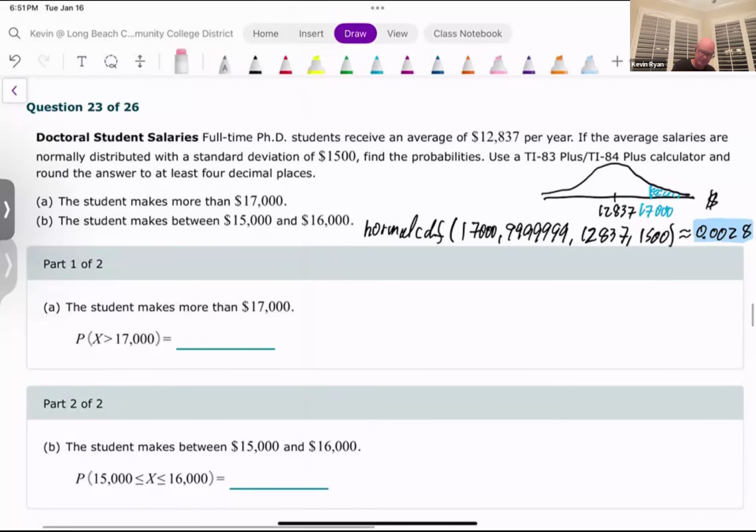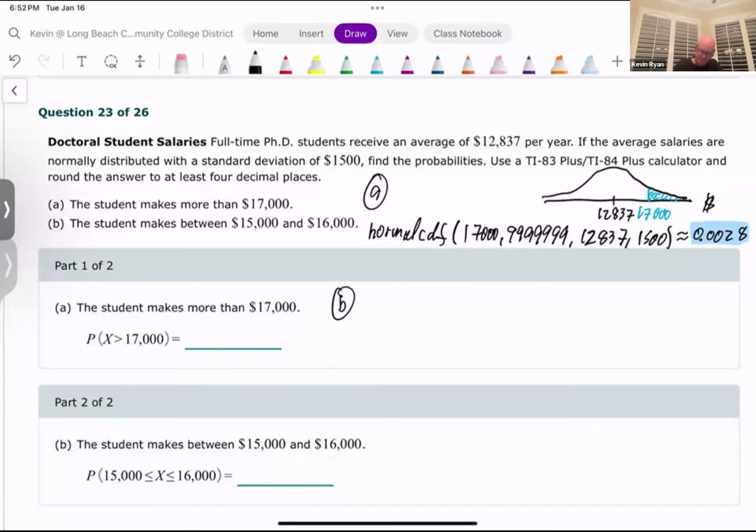This is part A. Part B. And this is going to be between 15,000 and 16,000. Now that's crazy way too big, but we get the idea, I think. And this, once again, is in dollars.